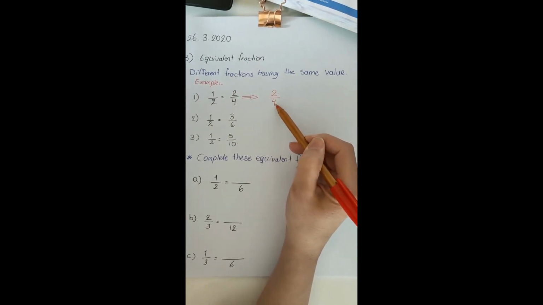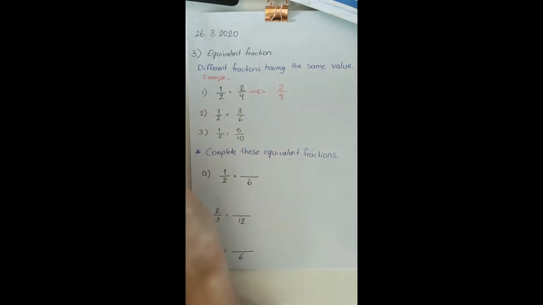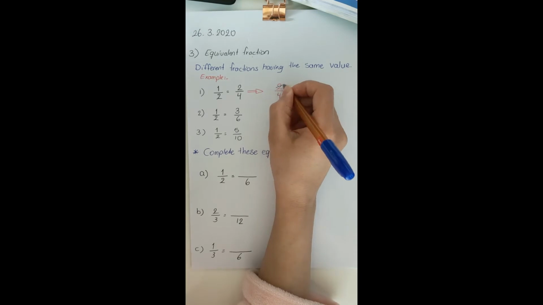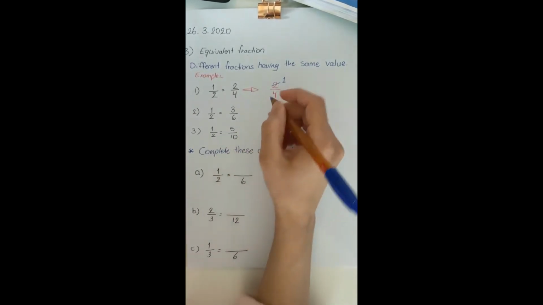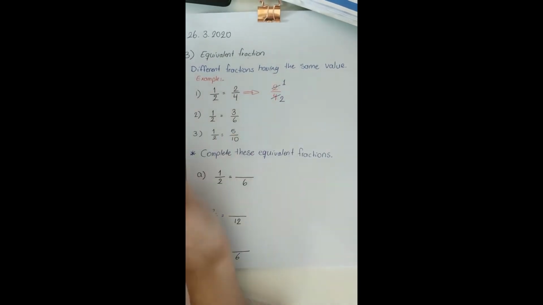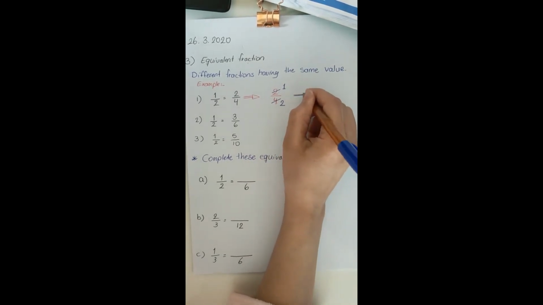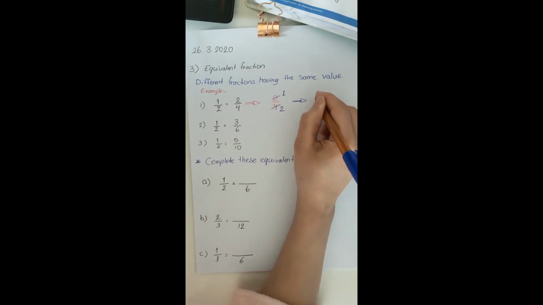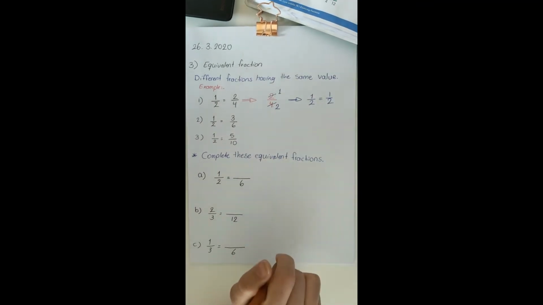Both of these two numbers are divided by 2. 2 divided by 2 is going to be 1. 4 divided by 2 is going to be 2. So, from here, I get the result 1 over 2 equal to 1 over 2.